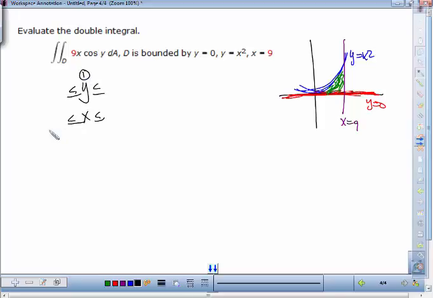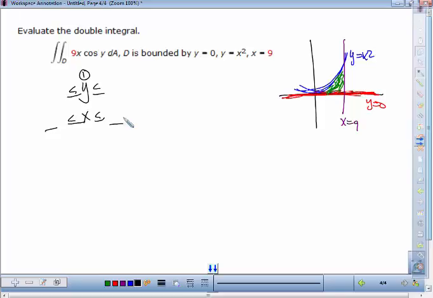And then the outer integral over here, you know that you're going to have to put constants. Okay? If for some reason the graph is not allowing you to put constants, then you did something wrong. Or maybe you need to switch the order.